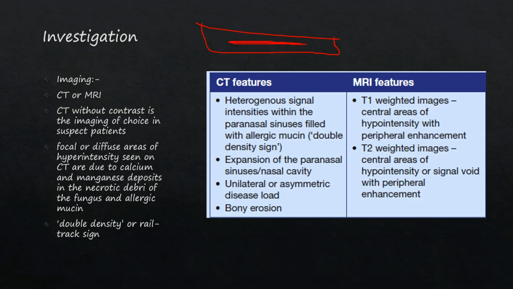So this is what is the double density sign. I just showed you that image before, just like that. Now expansion of the paranasal sinuses and nasal cavity, unilateral asymmetric disease load. That is why we didn't agree with Manning et al, right? And there could be bony erosions.